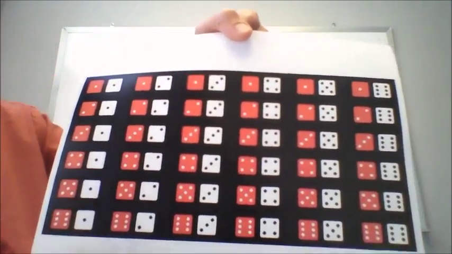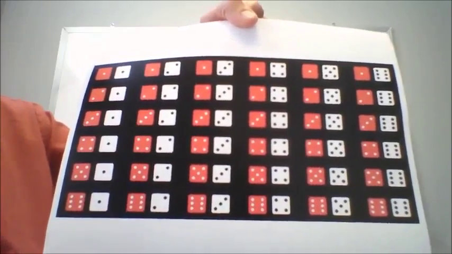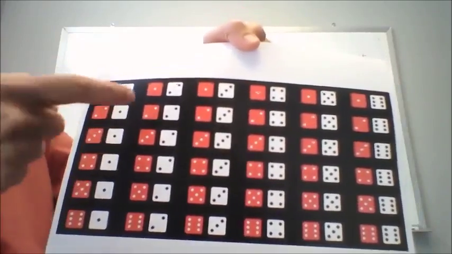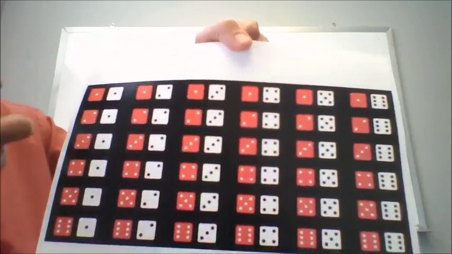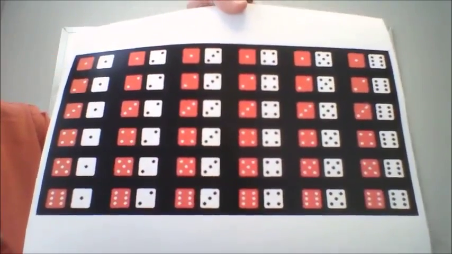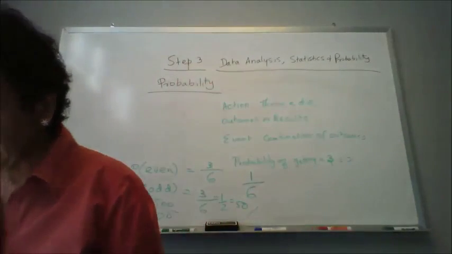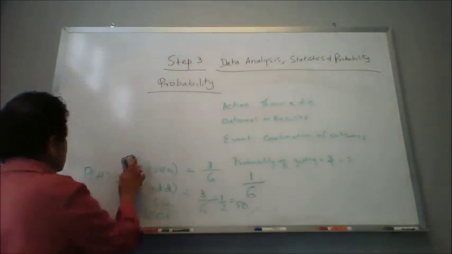If you look at these, how many possible results or outcomes? We count 1, 2, 3, 4, 5, 6, then 7, 8, 9, 10, 11, 12, and so on. 6 times 6, overall there are 36 possible outcomes.